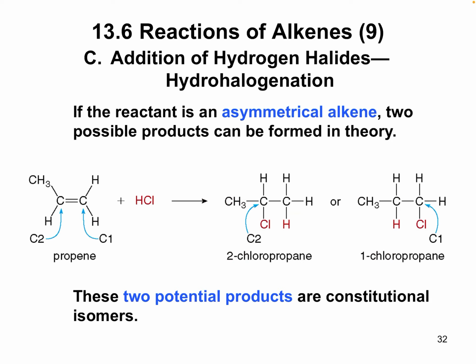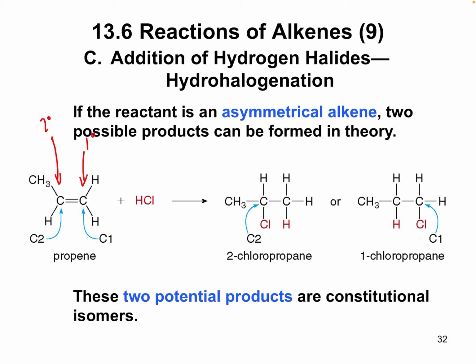So let's look at this example, propene. In propene, we have two different kinds of carbons that share that carbon-carbon double bond: a primary carbon and a secondary carbon.